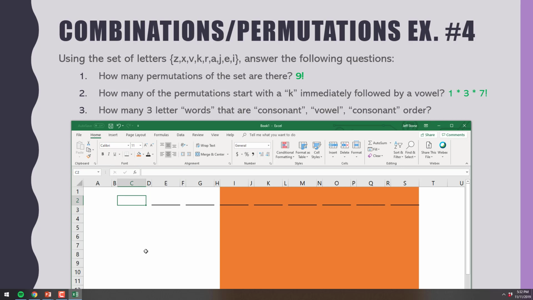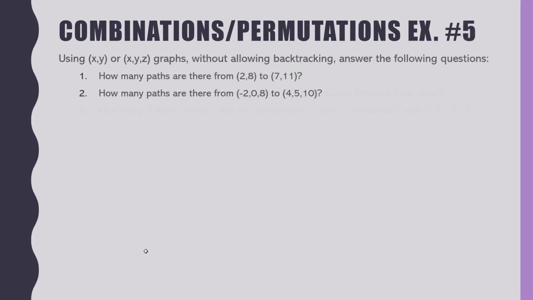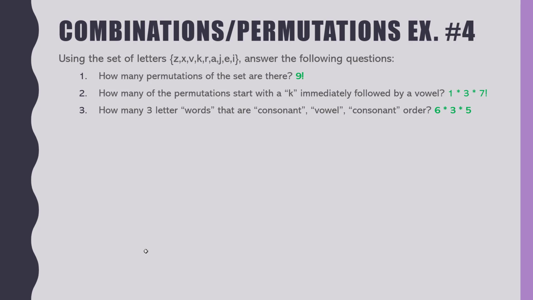We have 6. So we have 6 choices. How many vowels do we have? 3. How many consonants do we have left to choose from? 5. That's it. The answer is 90. Well, I thought I had 90 on the screen. I guess I didn't. Okay, pretty straightforward.